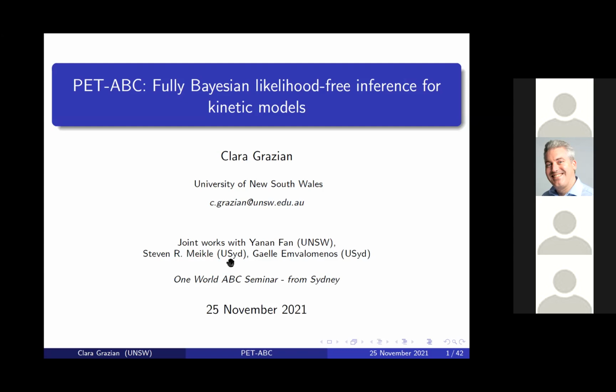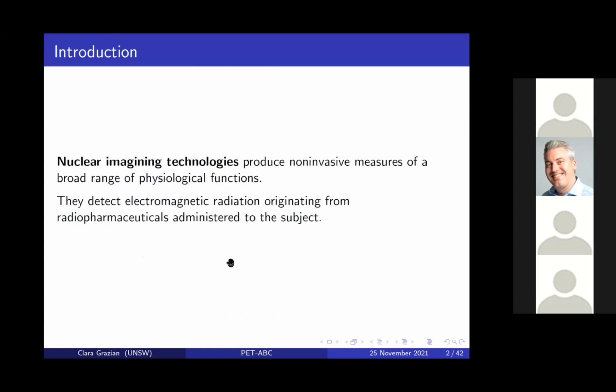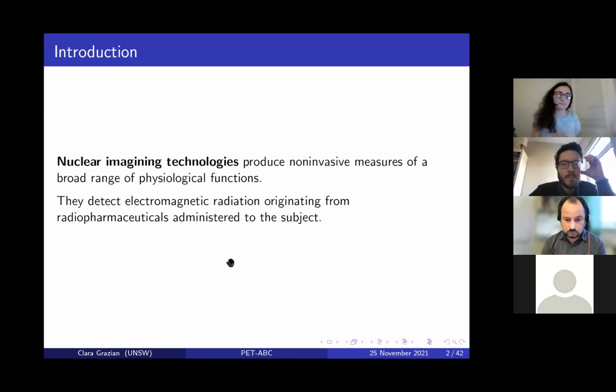So the work is based on images coming from nuclear imaging technologies, which is one of the main measures of non-invasive analysis of the body, in particular for physiological functions.